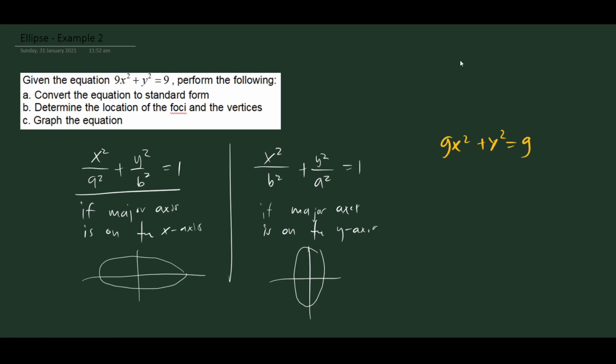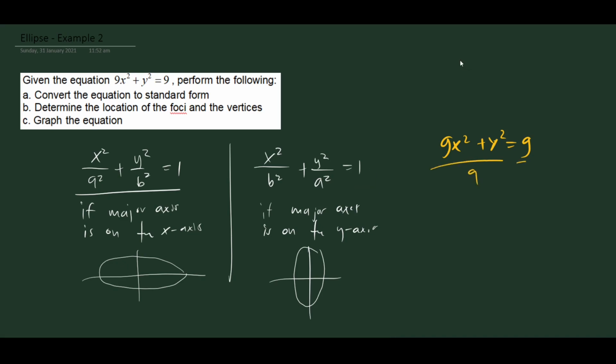So as you can see, it is not in any of these two forms, right? So what we can do here, based on observing the general forms, as you can see on the right hand side, it is 1. And the coefficients of our y squared and x squared are both 1, right? Same is true for the other general form. So if we want to convert this given equation, the first thing that we can do is to divide both sides by 9, right?